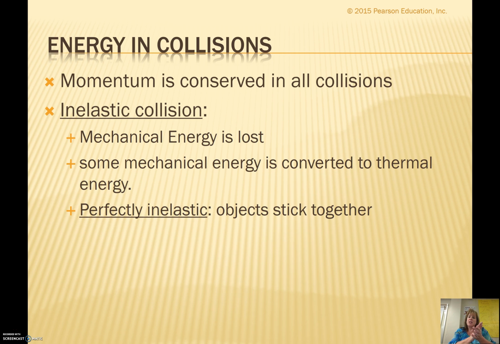And what happens during a collision is that the force of impact starts molecules inside the objects vibrating. And when those molecules start moving faster, that's thermal energy. Thermal energy is the kinetic energy of the molecules inside a substance. So we lose mechanical energy to the transformation of generating thermal energy.